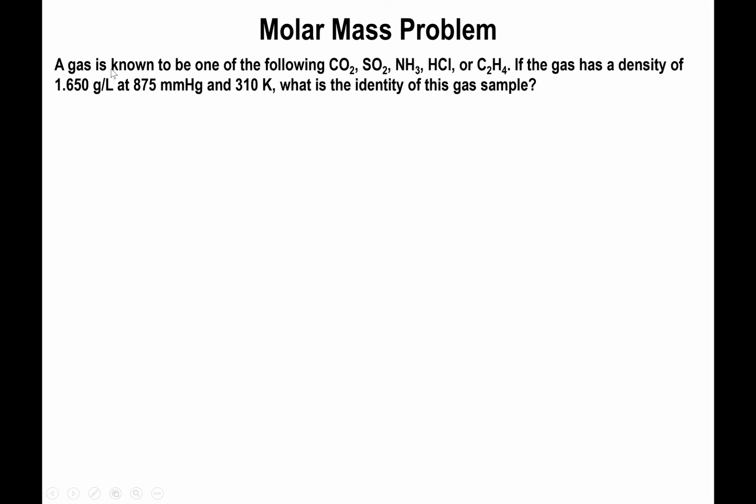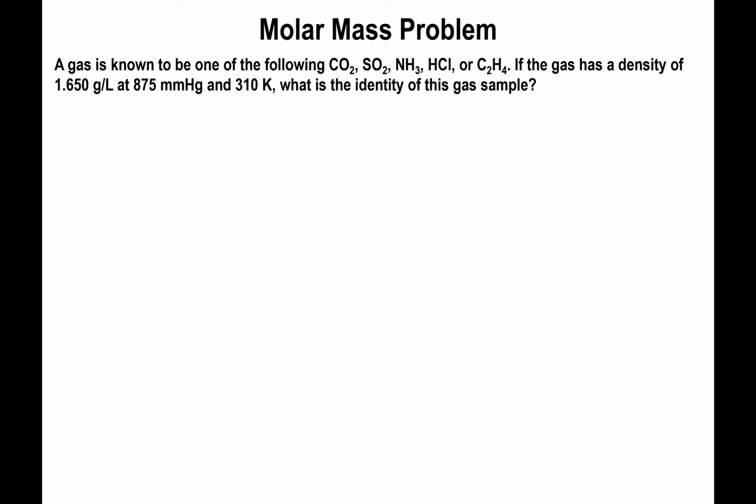So in this example, you have a possibility of gases. You have an unknown gas that could be carbon dioxide, sulfur dioxide, ammonia, hydrogen chloride, or ethylene. And we don't know which one of these gases we actually are dealing with.